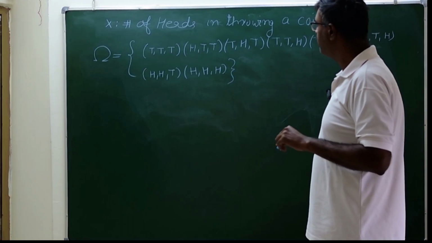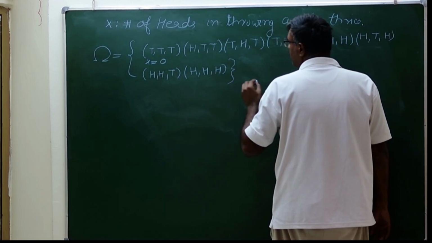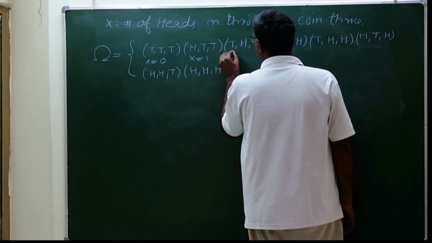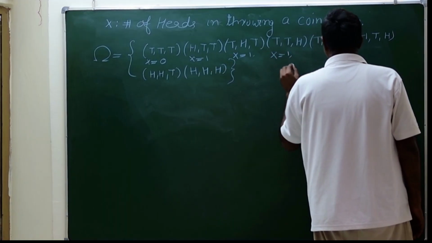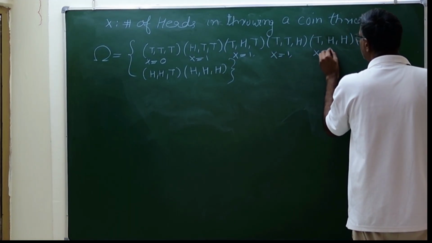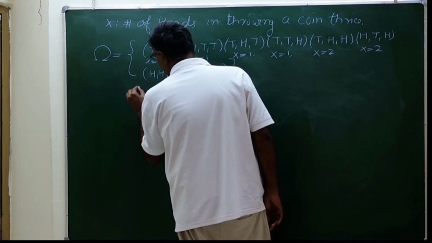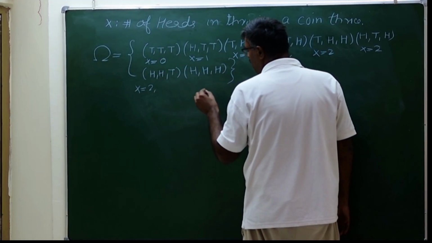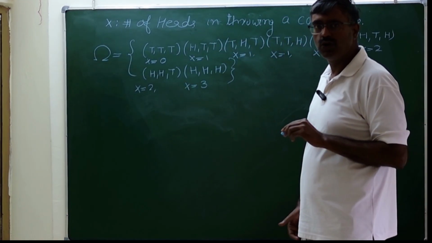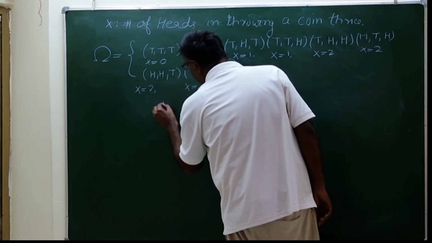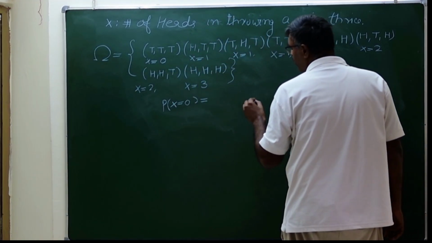Now I am writing the corresponding values of X. Here X is 0. Here X is 1, here also X is 1, and here also X is 1. In this case X is 2, here X is 2, and here also X is 2. Here X is 3. Now I will write the corresponding probabilities. The probability of X equal to 0 will be 1 by 8, as only one case is there.